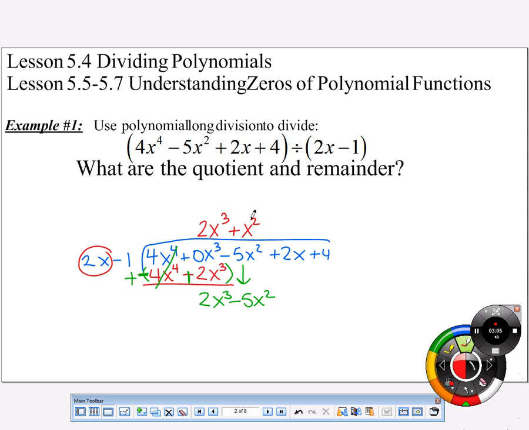So distribution, x squared times 2x is the 2x cubed I wanted, and x squared times 1 is minus x squared. But I'm subtracting that, so it changes all the signs across. Right? So these cancel, which should happen every time, and negative 5x squared plus x squared is negative 4x squared, and I bring down the 2x.